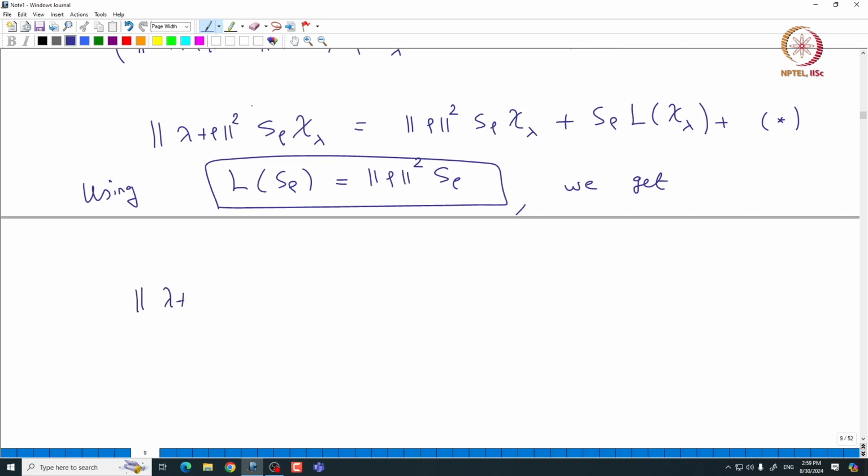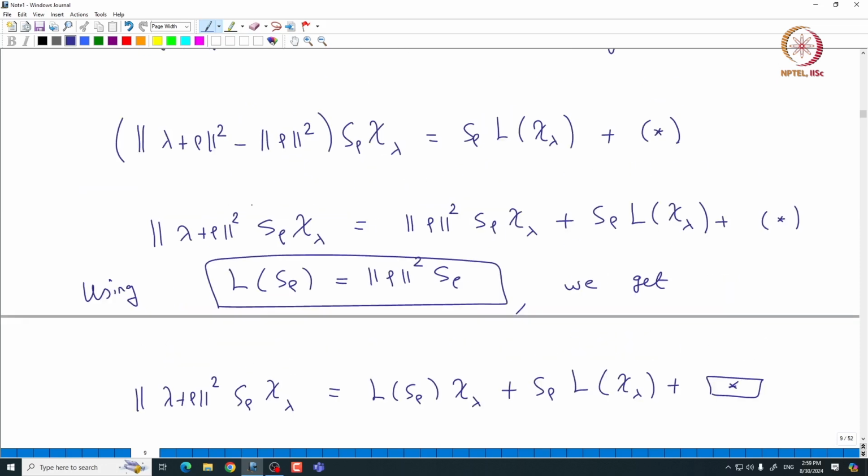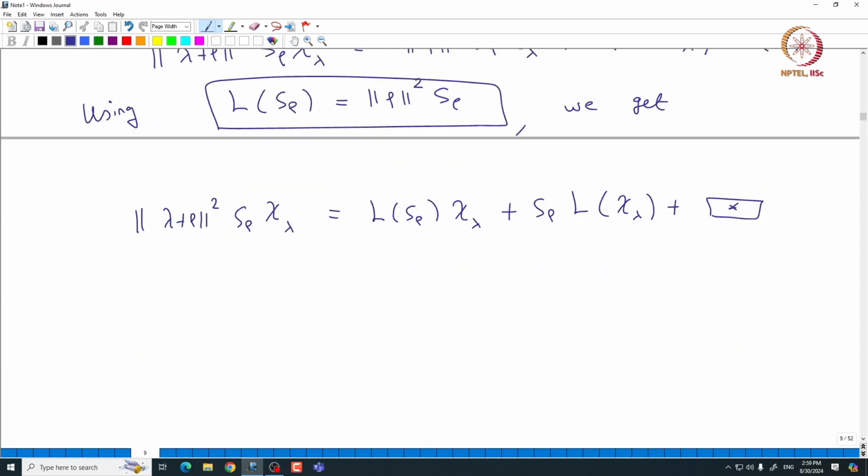The norm lambda plus rho square S rho chi lambda is exactly equal to L of S rho times chi lambda plus S rho times L of chi lambda and the bigger expression star. Now you can see that this looks very close to L of S rho chi lambda. So, we want to prove that the left hand side is exactly equal to L of S rho chi lambda.